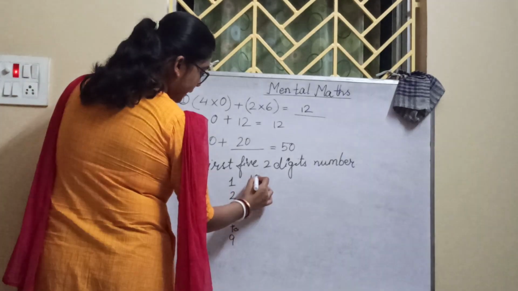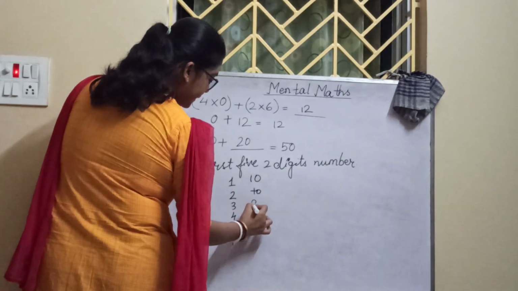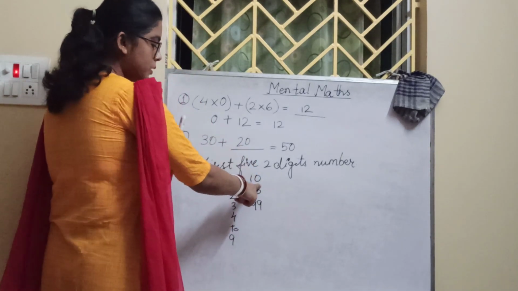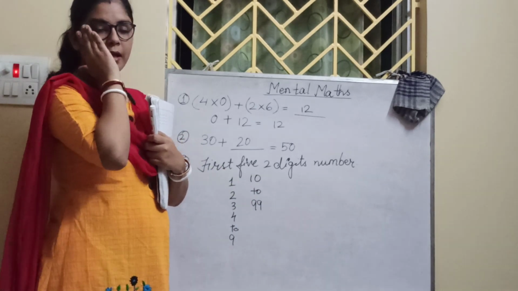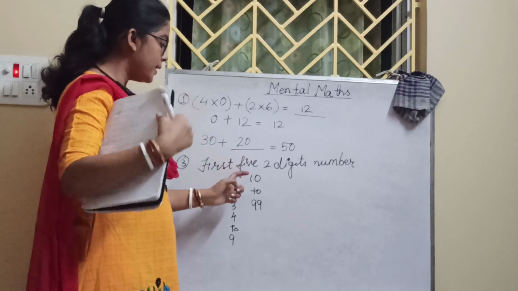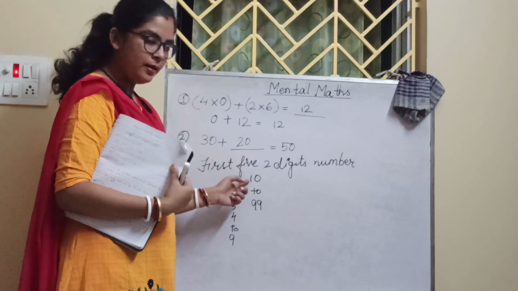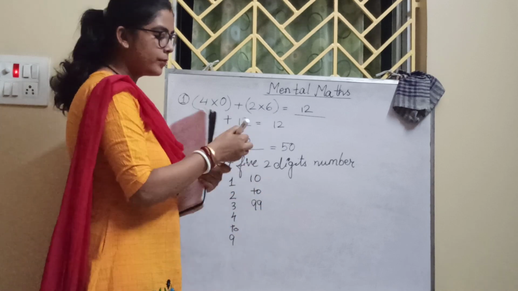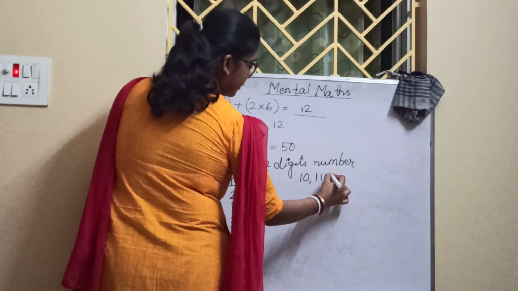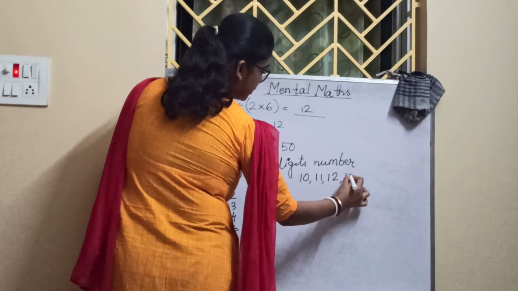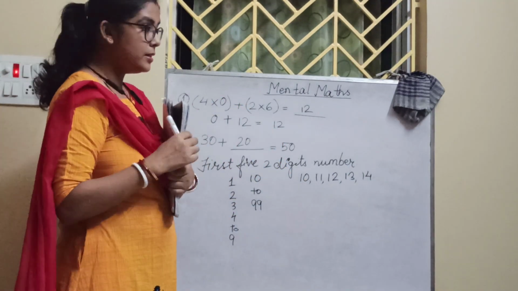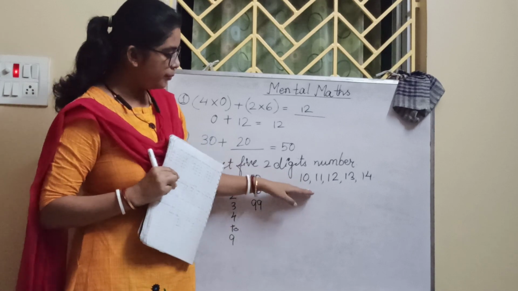And from 10 to 99, we have 2 digits. In the question, it says write the first 5 two-digit numbers, so you start from 10: 10, 11, 12, 13 and 14. Understand? If it is written that write the first 5, then you have to maintain this series.